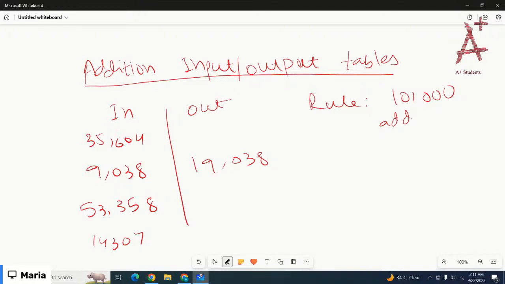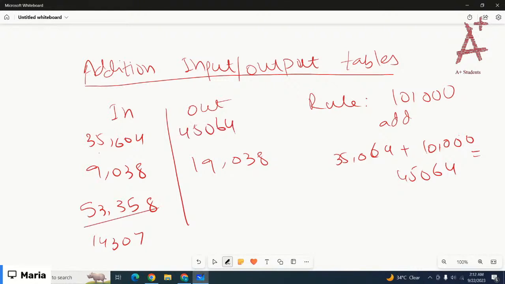So for the first one, you have to add 35,604 plus 10,000. So it would be 45,604, right? So here you have 45,604.